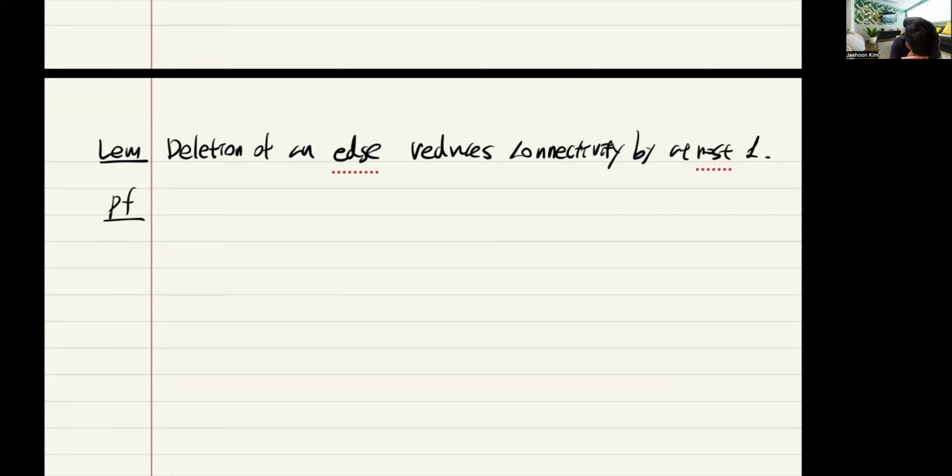And if you take an edge in there, let's say this is the edge xy that you want to subdivide. Then what?